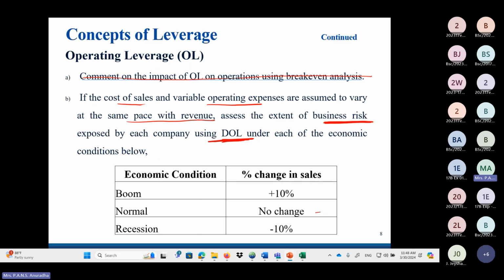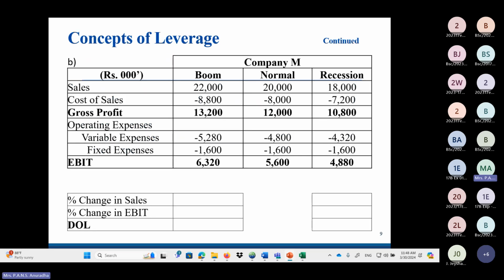If the economic condition is a boom, sales is increasing by 10%. If it is a recession, sales is decreasing by 10%. So let's calculate profit. Now you can see this is boom, this is recession. With the boom, sales is increasing by 10%.